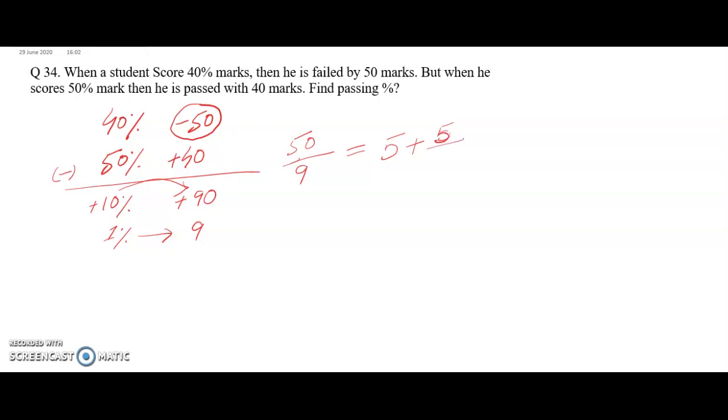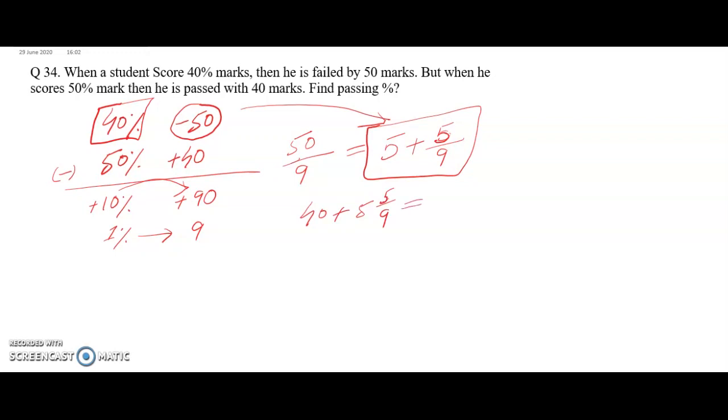So 5 plus 5 by 9. So 40% plus 5 plus 5 by 9%. This 50 represents 5 5 by 9%. So 40% is already here. So 40 plus 5 5 by 9% is required. So the passing percentage is 45 5 by 9%.